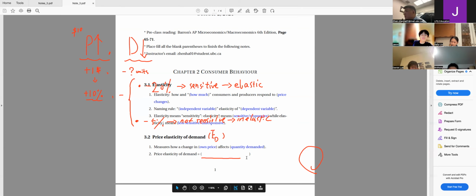So next, let's calculate something called the elasticity coefficient.